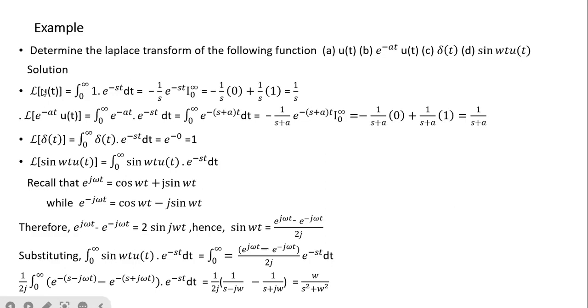Now, the same way we did for this case, you can see we're going to have minus 1 all over s plus a, exponential minus this. Remember, it's now looking like this. The only difference is because we have a, which came as a result of this exponent here.